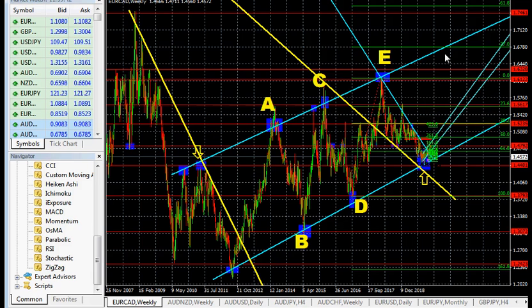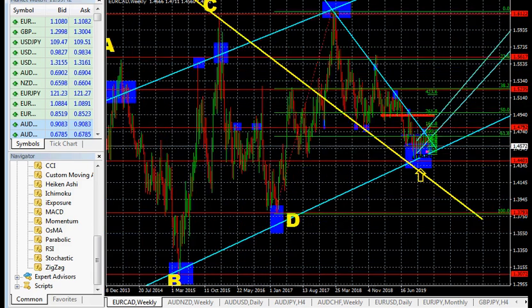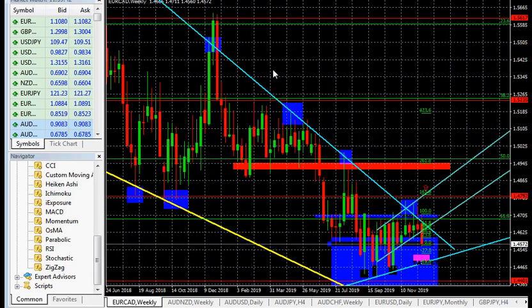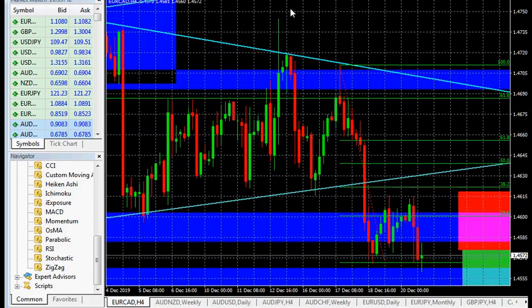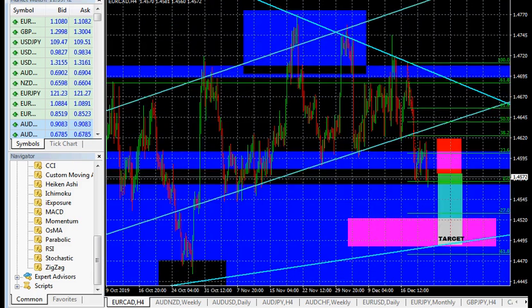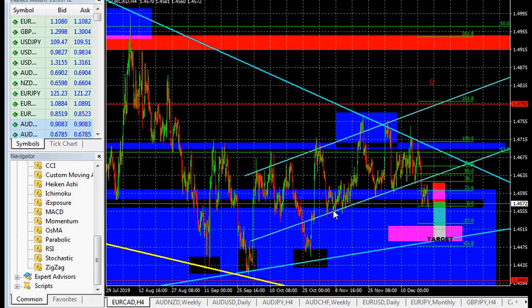So first, we wait for price action to give us a signal. Presently, the signal is bearish as price has broken this support trend line. You can see touch 1, touch 2, touch 3, touch 4, touch 5, 6, 7, and a retest of it. So we are expecting price to go a little bit lower before it can take off.